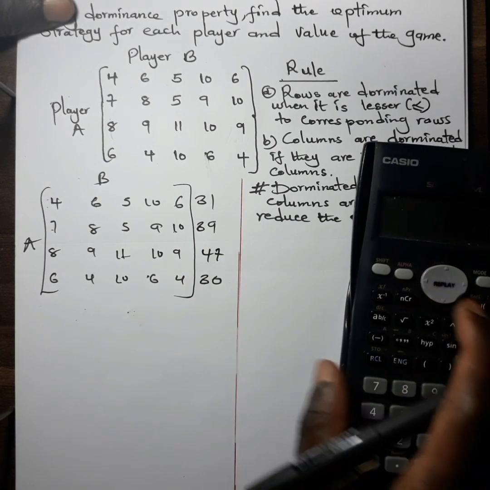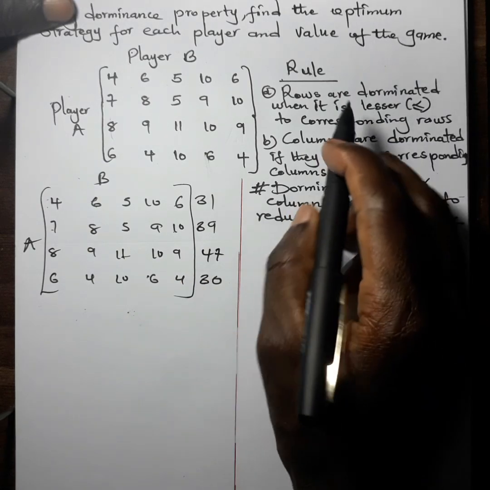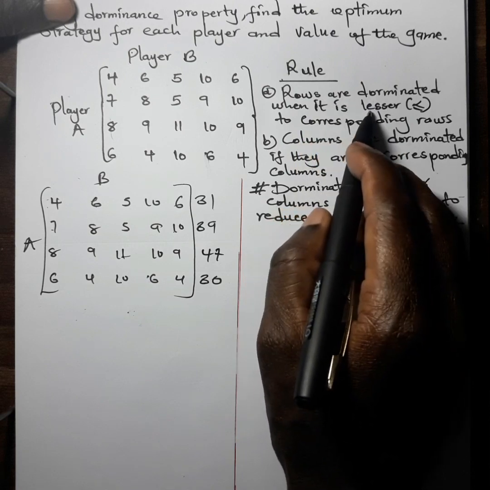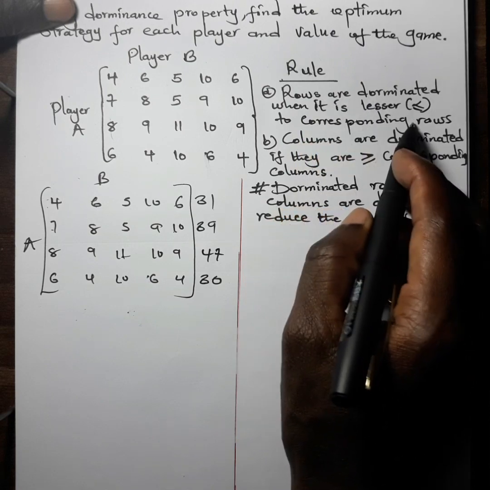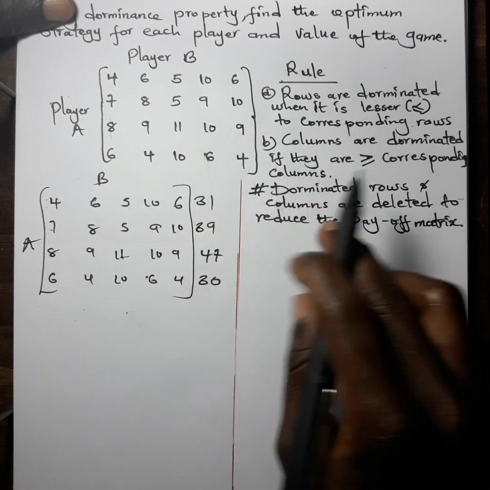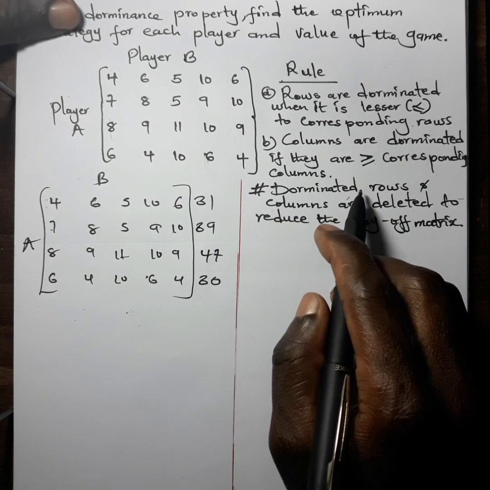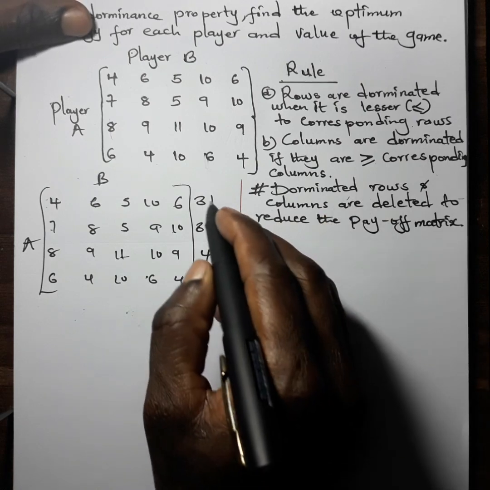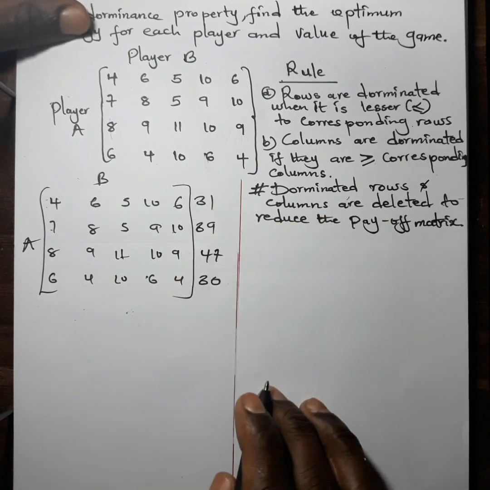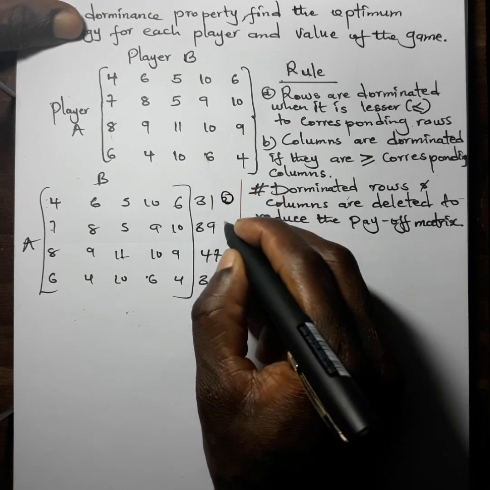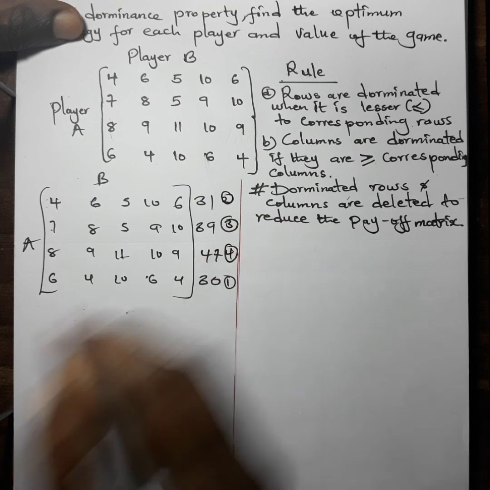Now, after doing that, we are now supposed to use this rule. The rows are dominated when it is lesser or equal to the corresponding rows. And those lesser rows are going to be deleted depending on the last hint here. So from these totals here, our order is going to be order 1, we go to 2, 3, 4.